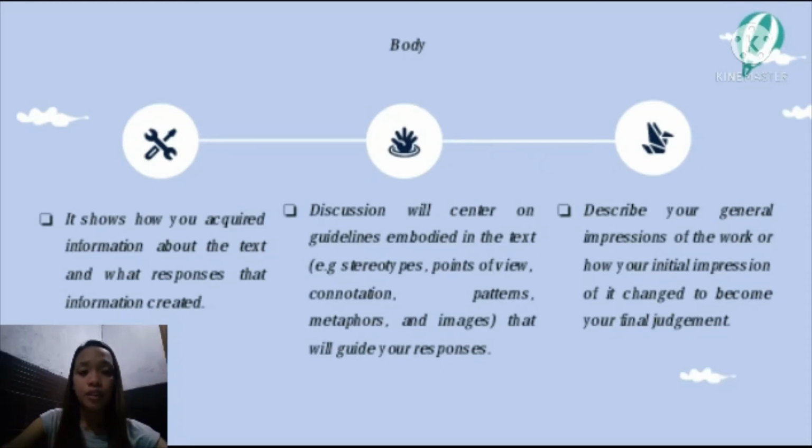The highlight of writing the body is also your discussion. The discussion will center on the guidelines embodied in the text, like stereotypes, points of view, connotation, patterns, metaphors, and images that will guide your responses.